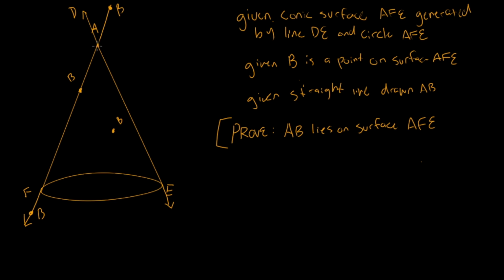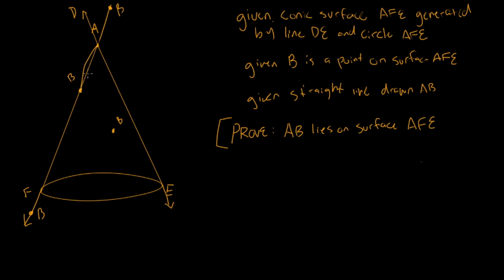Well, the easiest way to represent this is that maybe the points A and B obviously lie on the surface AFE because A is the axis and B is a given point on surface AFE. But maybe all of the points in between somehow don't line up with the generating line, I'll call it, AB.